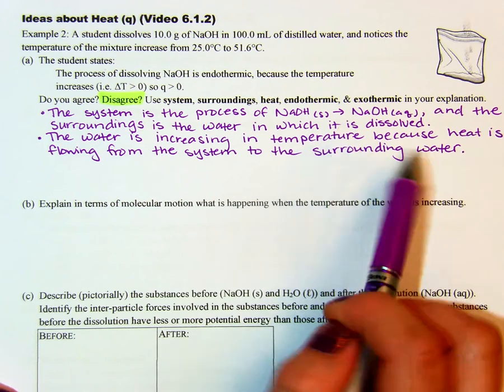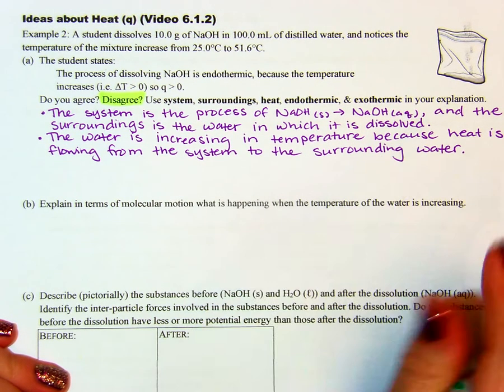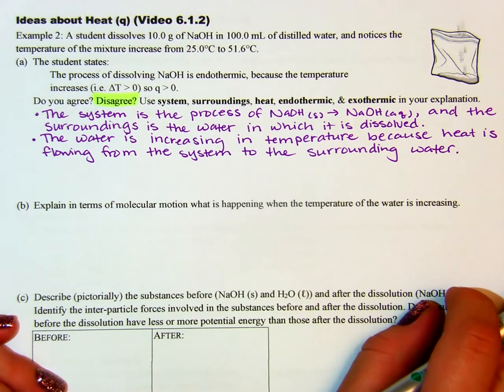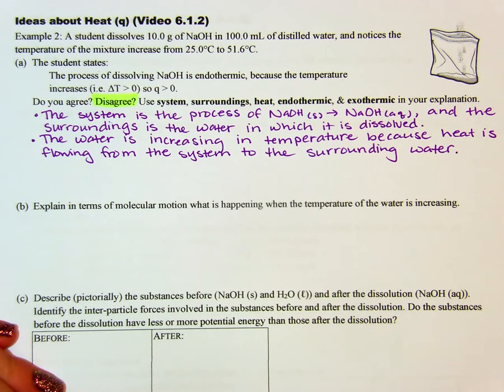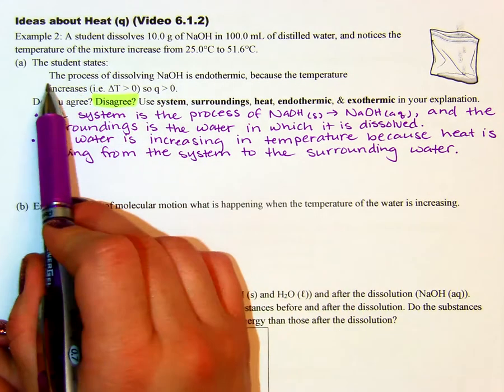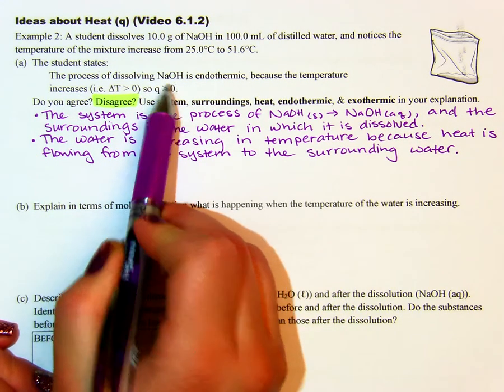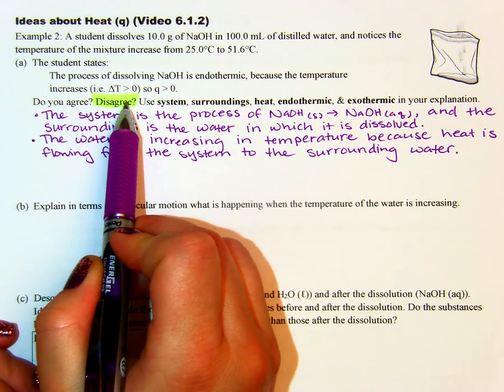So it's exothermic with respect to the system. However, the water is absorbing the energy, so it would be endothermic with respect to the surroundings. But in general, if you're being asked about the process of dissolving this, you're being asked about the system. That's why we disagreed, because really this is exothermic.